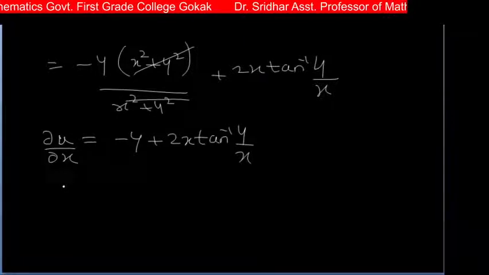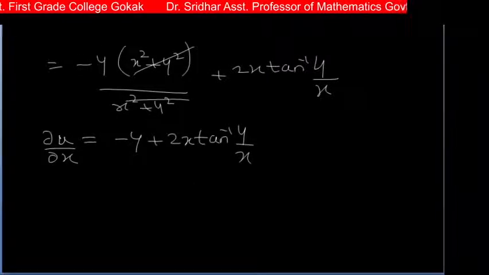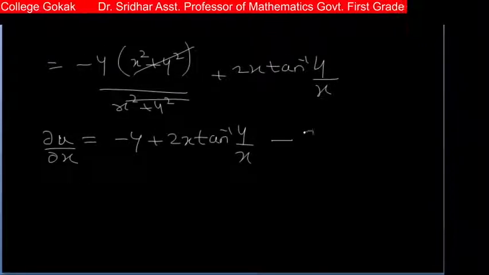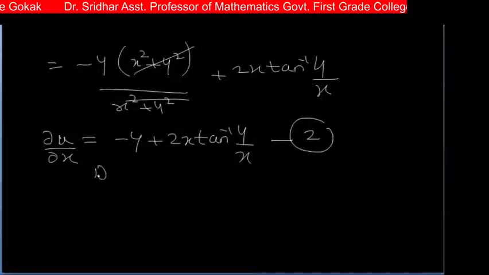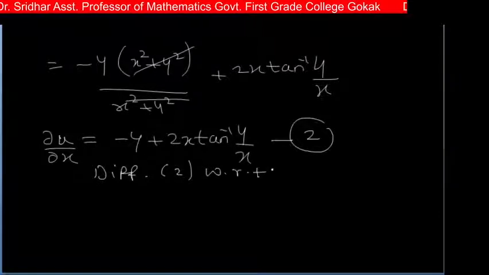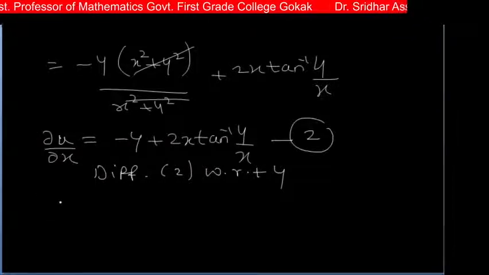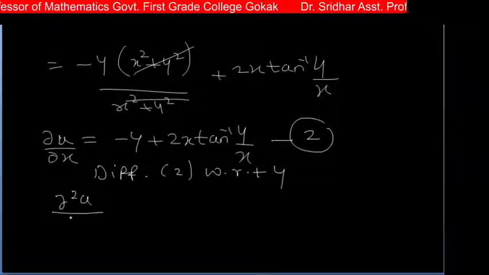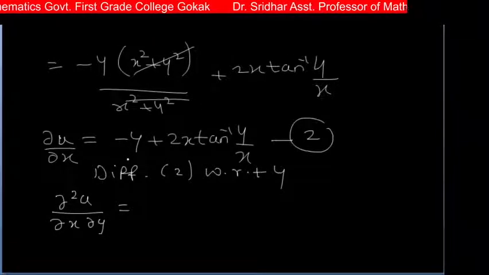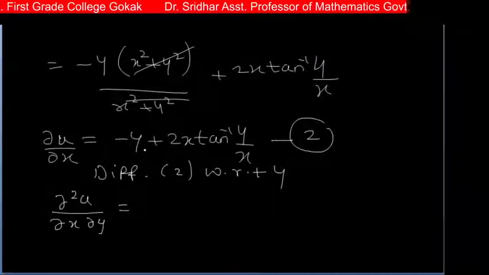Okay, now differentiating this with respect to y, we obtain dou square u by dou x dou y. Call this equation 2. Now differentiating equation 2 with respect to y, so this becomes dou square u by dou x dou y, which is equal to, now we differentiate with respect to y, means we treat x as constant, correct?